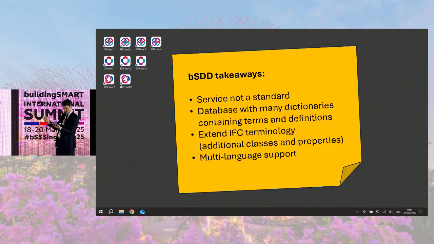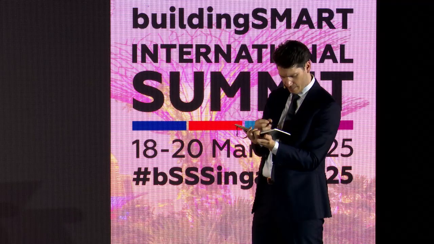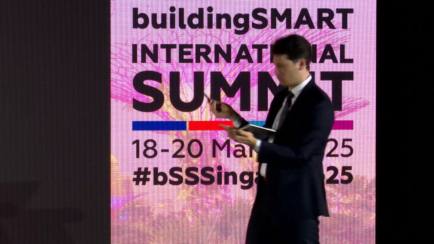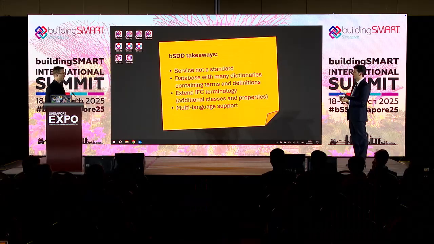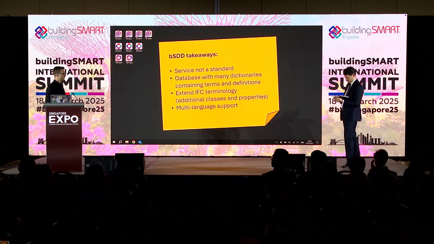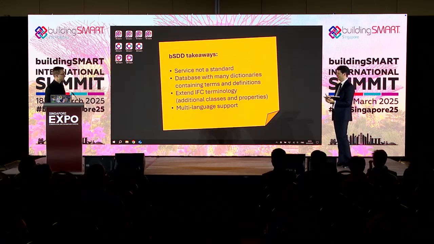You can use it to extend the IFC terminology with additional classes and properties, so you don't have to add them into IFC. And it comes with multi-language support. Yes, there's much more, but I think this is enough for now about bSDD.